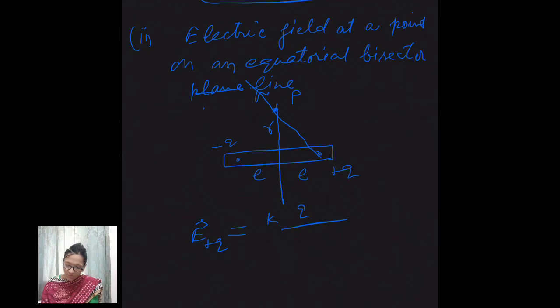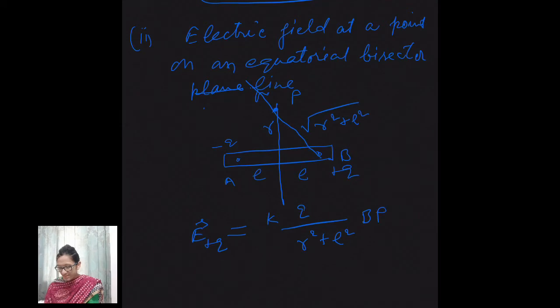Hypotenuse is root under length square plus base square. So square of it becomes equal to R square plus L square only. Squaring, we just remove the root. So this is in the direction of, let me take here point A and here point B, so this is in the direction of BP cap.